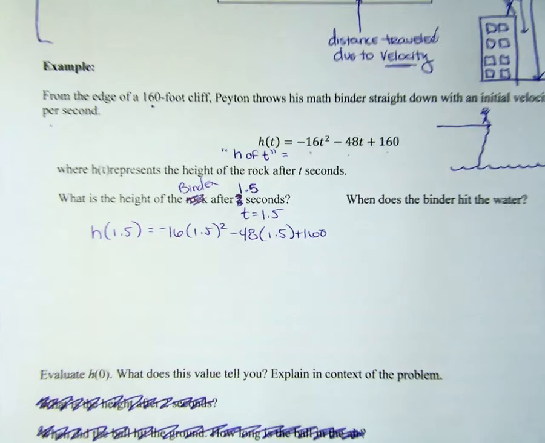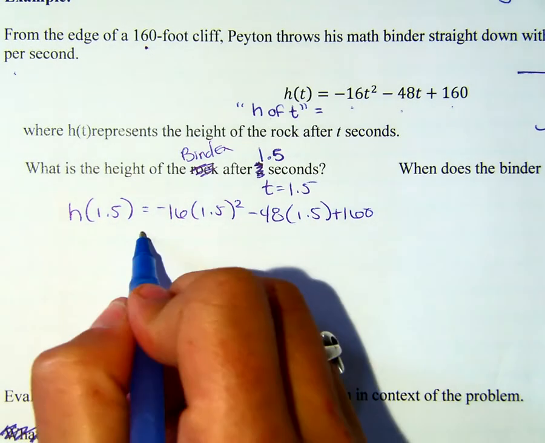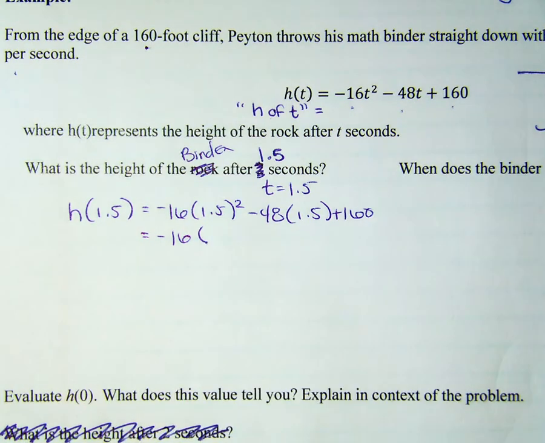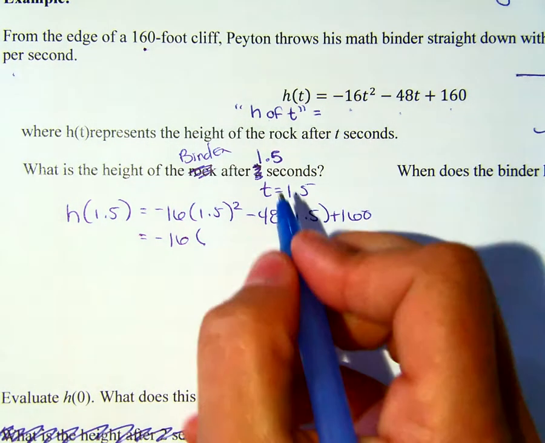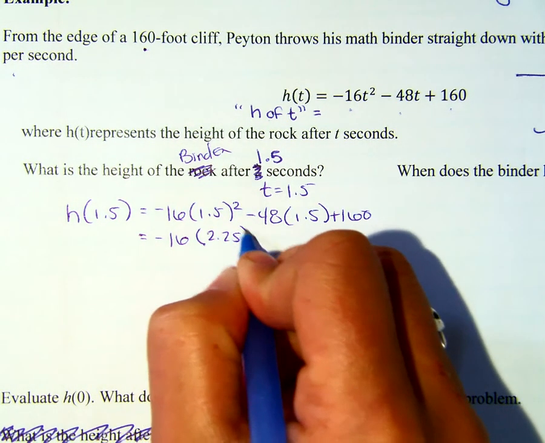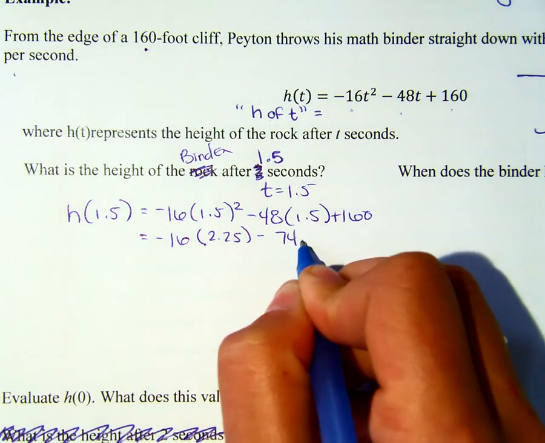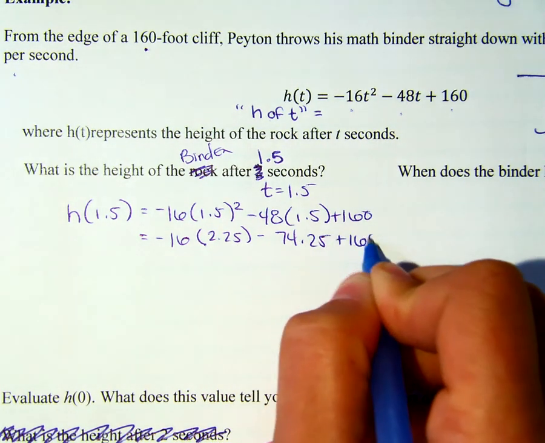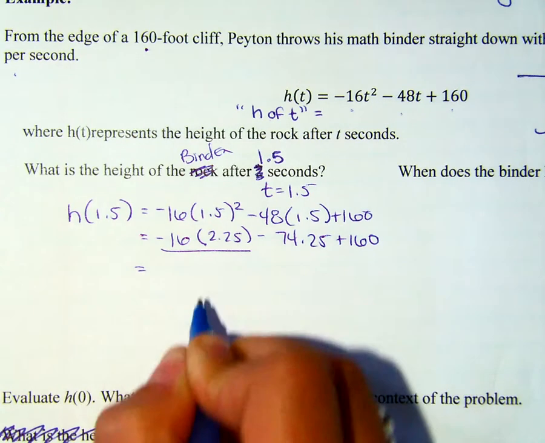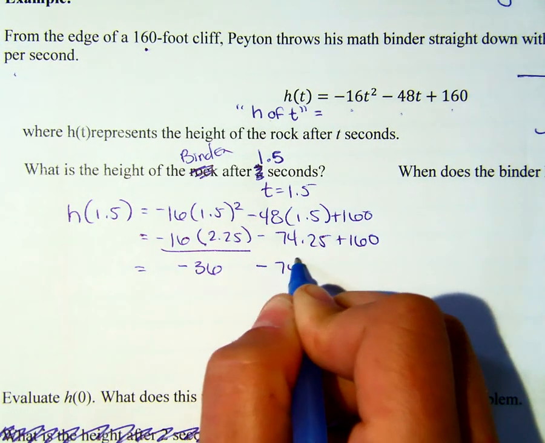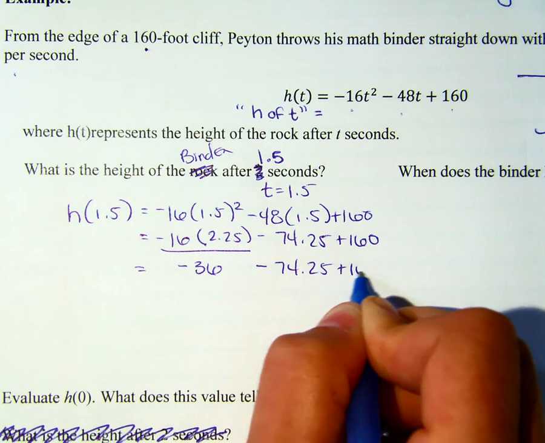Zoom in. I'm going to simplify. 1.5 squared, that's going to be 2.25. 48 times 1.5 is 72. This is negative 36, negative 72, plus 160.